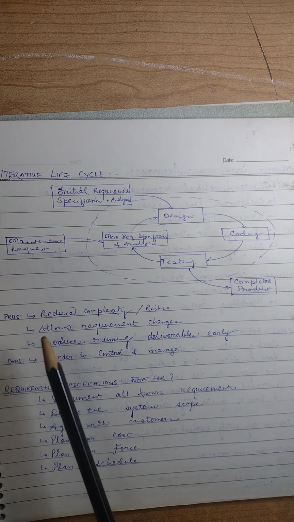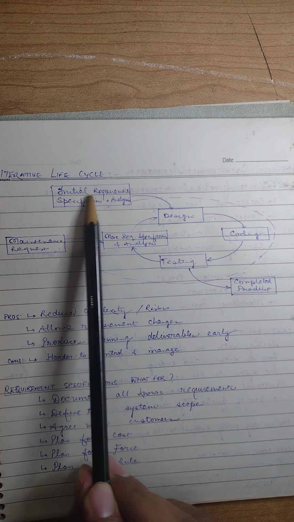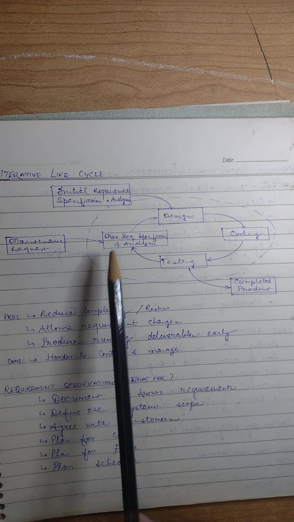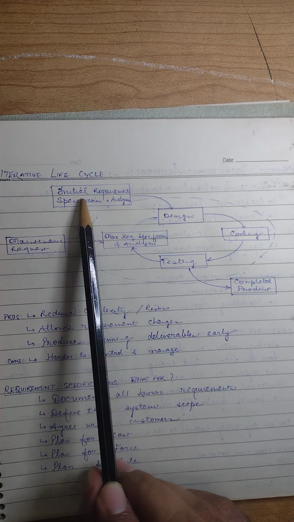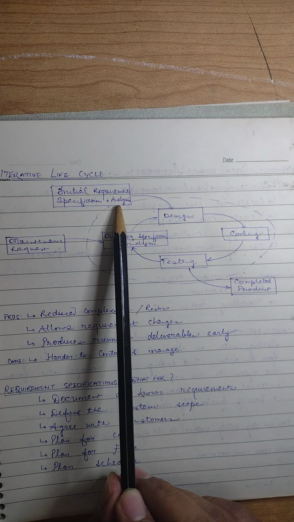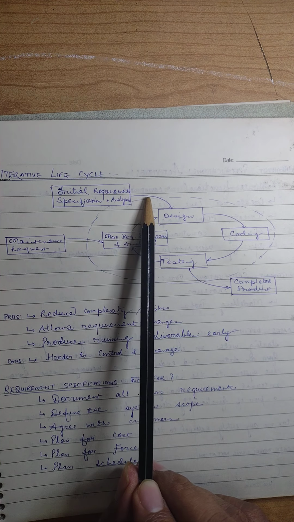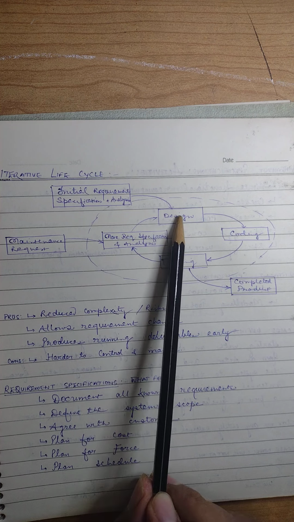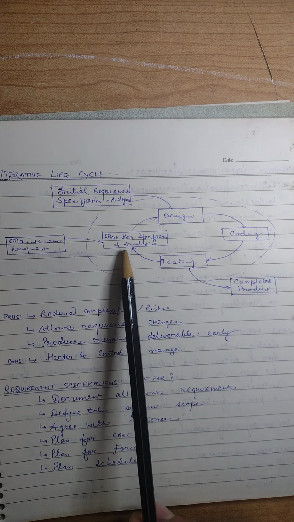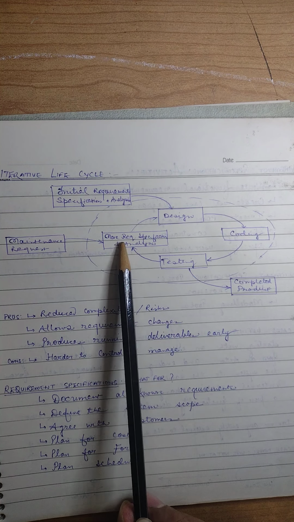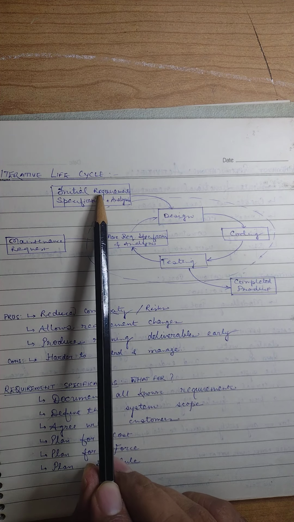So if you read this thoroughly, this is my initial requirement. When I say initial requirement, I want these 5 features to be implemented in this software. The developer will design it, code, test, and now this is iteration 1. Iteration 2, what we said, 5 requirements.